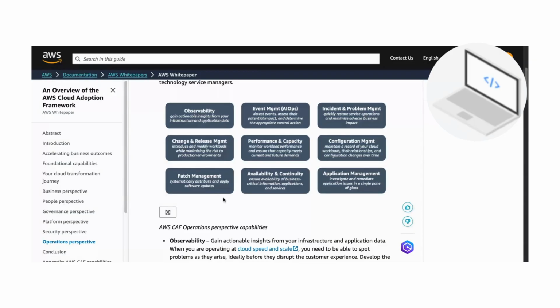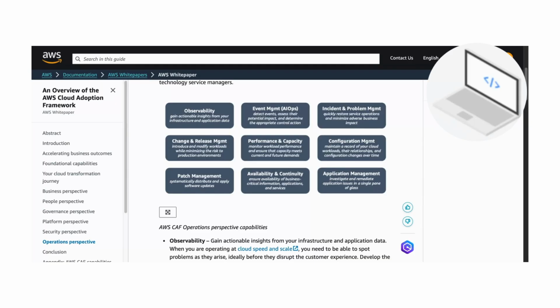Patch management is about making sure all your software is up to date by applying updates regularly. These updates are crucial because they fix security vulnerabilities, squash bugs, and sometimes even bring in new features to keep everything running smoothly and securely.